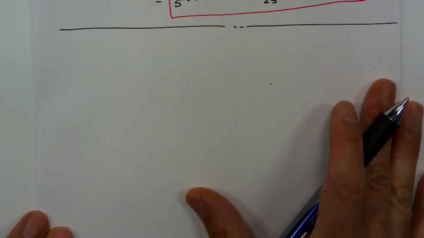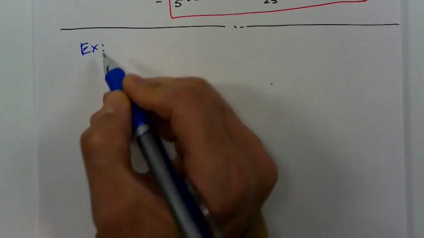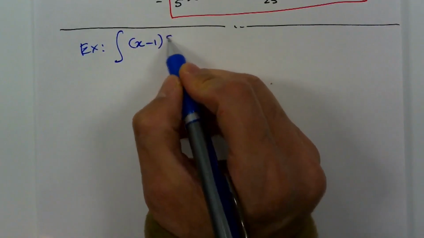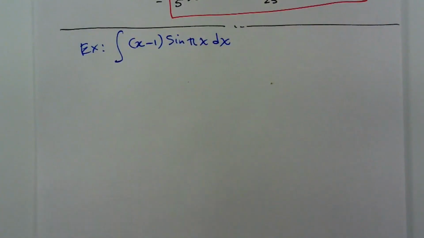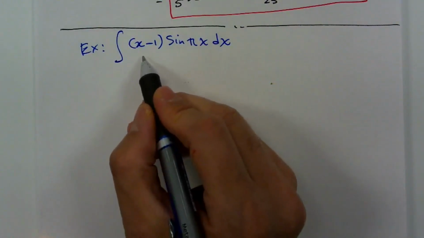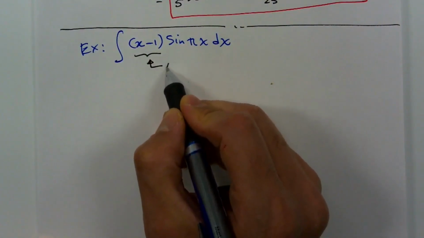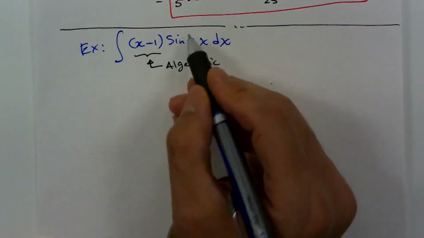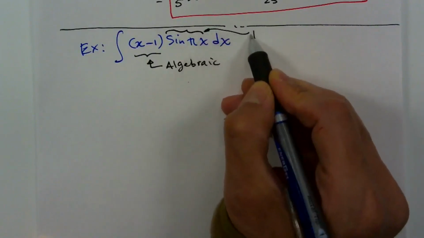Okay, so here's the next example, which probably is similar to this. So we want to integrate x minus 1 times sine of pi x dx. Of course, notice immediately that this is an algebraic factor, and this piece is trigonometric.